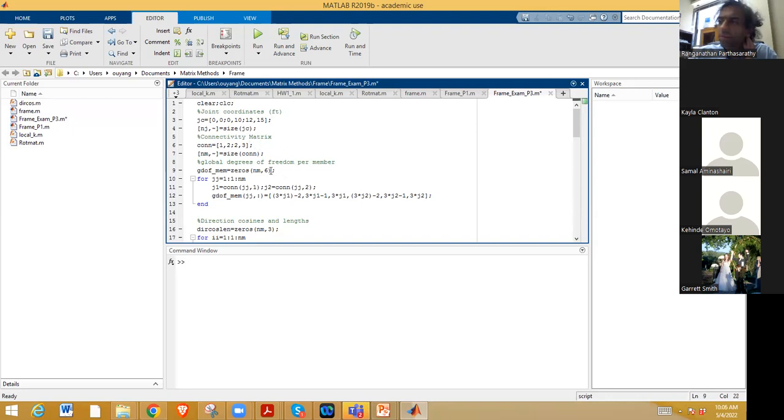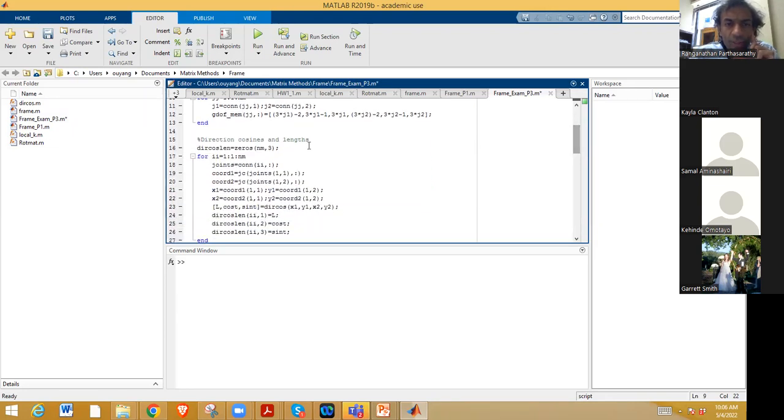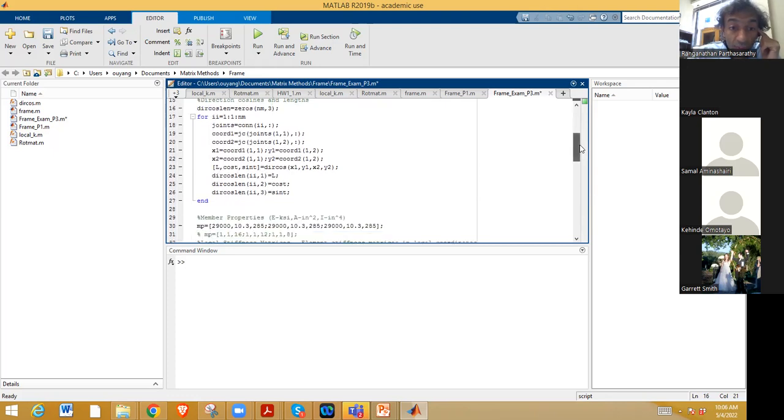And global degrees of freedom, how many you will have? Number of members, and for each member 6. Then I think this should be direction cosines and lengths. Okay, this is fine too.